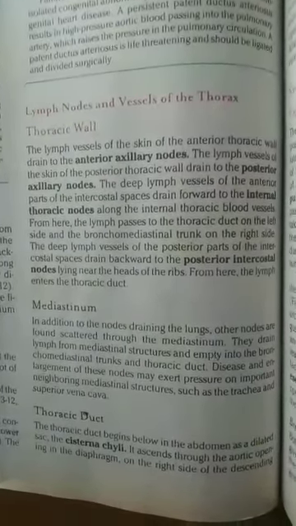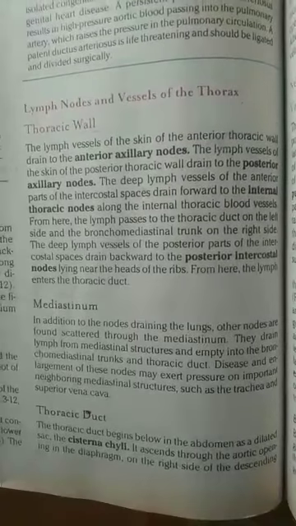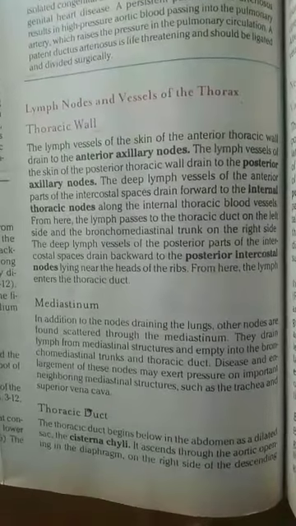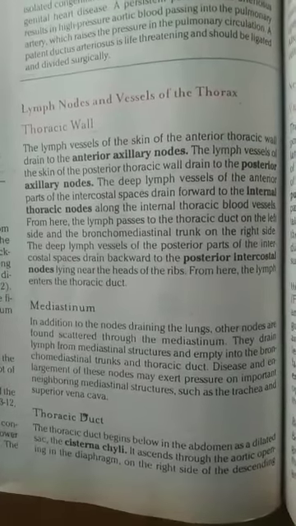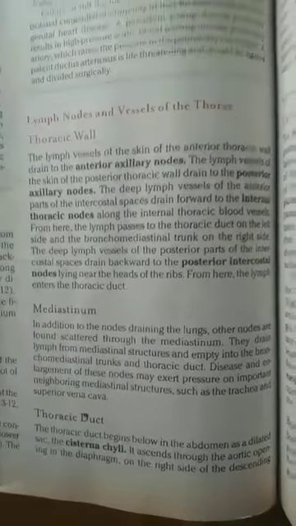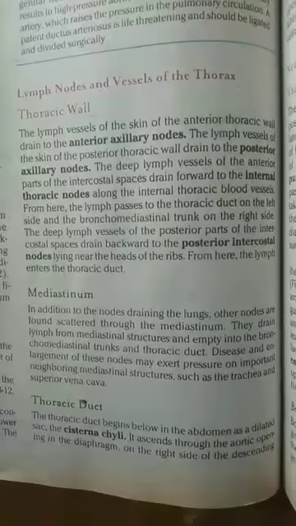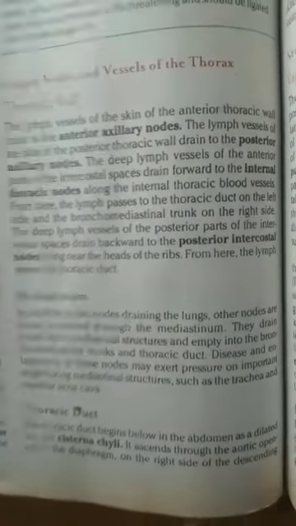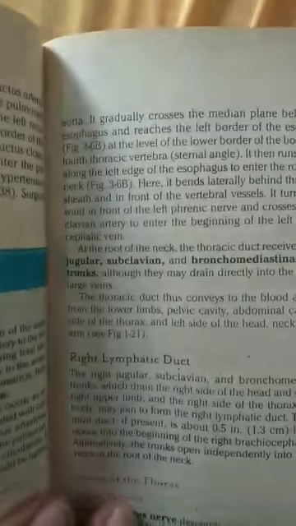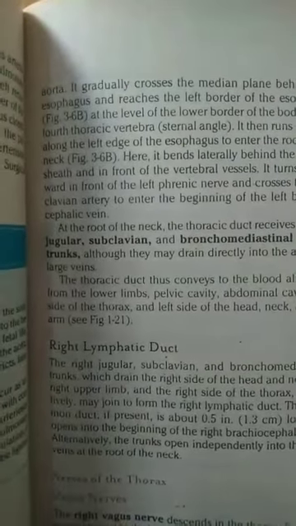vena cava. The thoracic duct begins below in the abdomen as a dilated sac, the cisterna chyli. It ascends through the aortic opening in the diaphragm on the right side of the descending aorta.